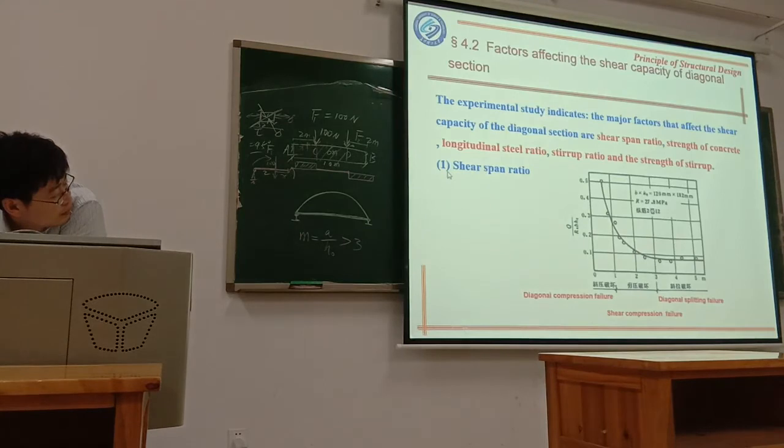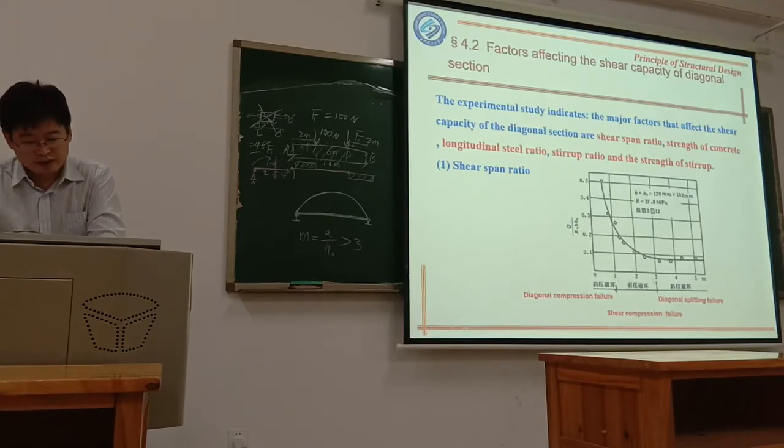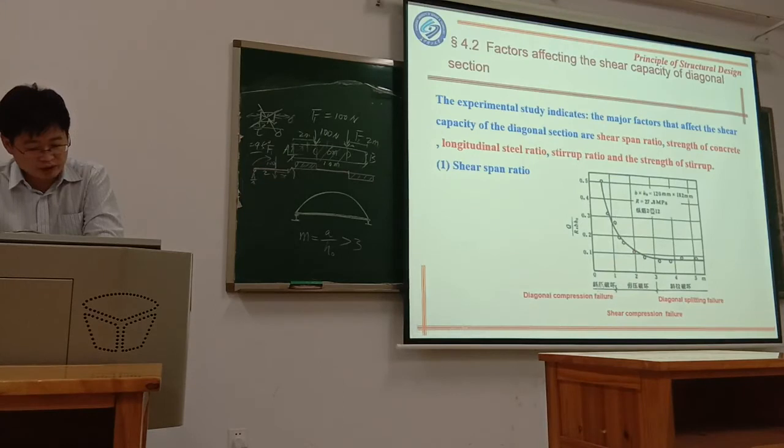So first the shear span ratio. You can see from this figure, the horizontal X is m. Once m is smaller than 1, normally the failure belongs to diagonal compression failure. Once m is between 1 and 3, normally it's a shear compression failure.